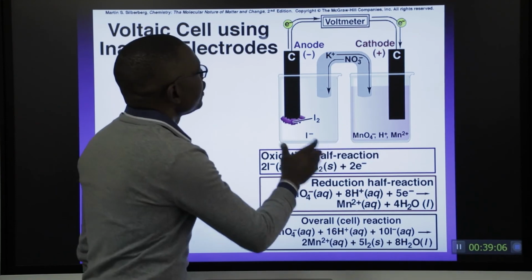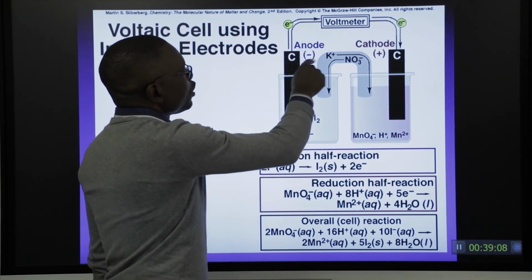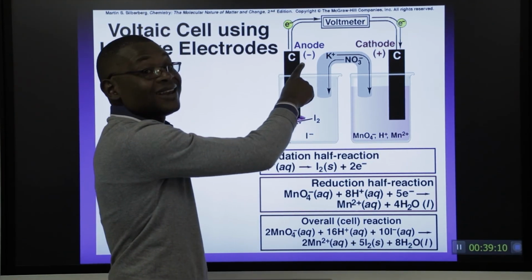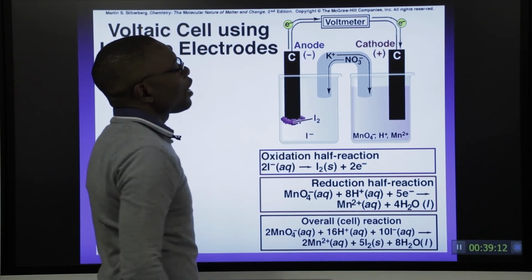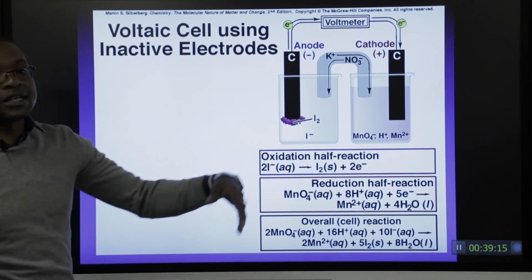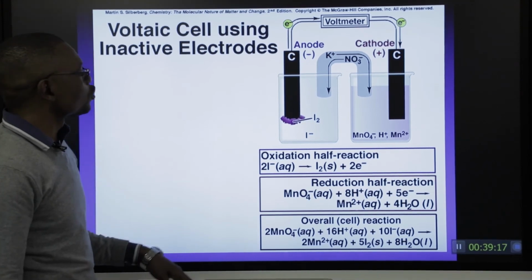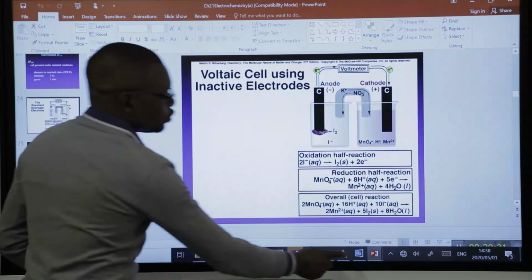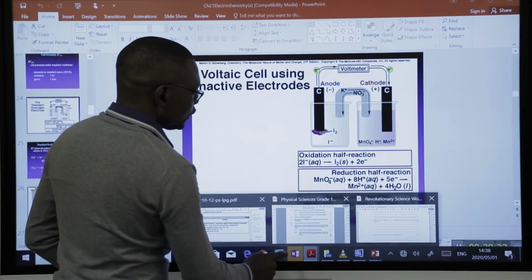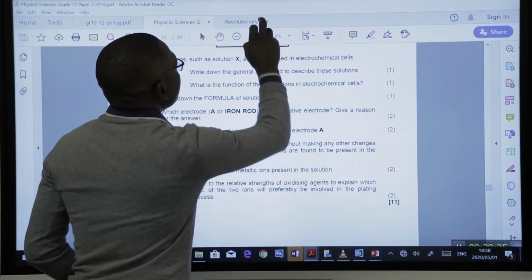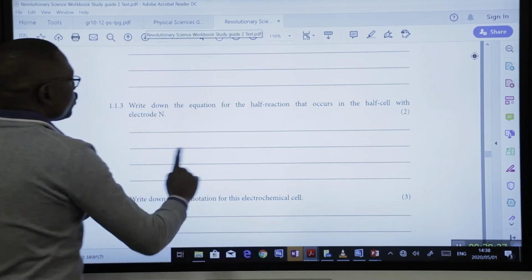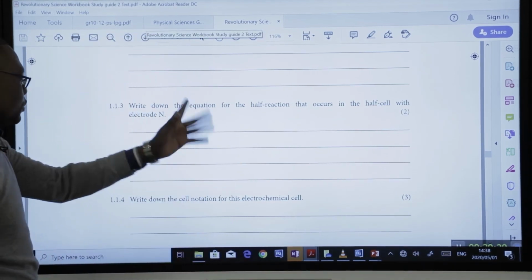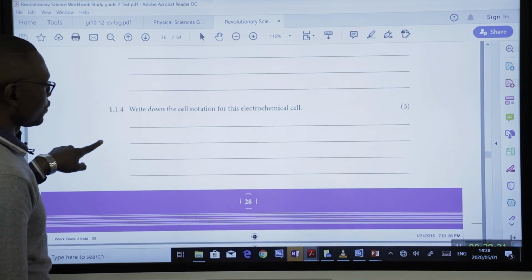And for that reason, you see that our anode will be represented as a negative electrode, while our cathode is represented as a positive electrode. So whatever equation you are going to use to answer this question here, you are supposed to show reduction taking place here for 2 marks, okay?